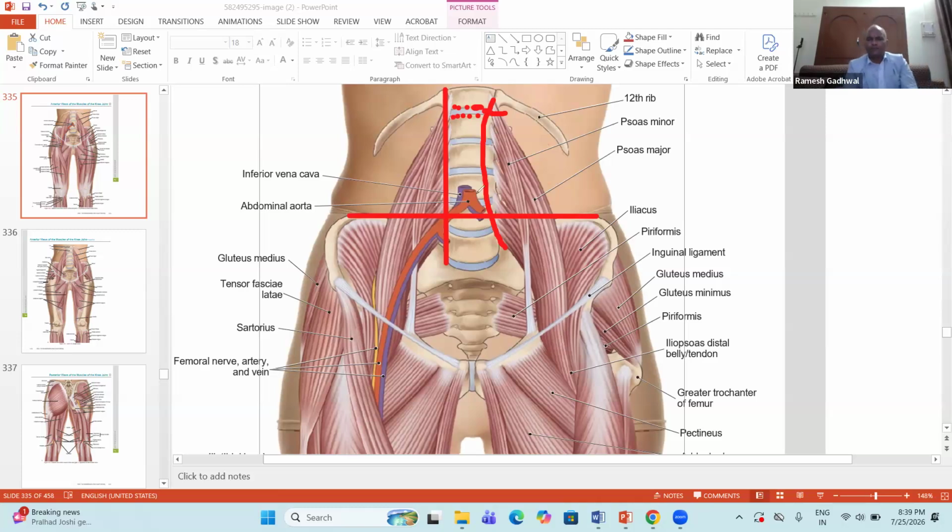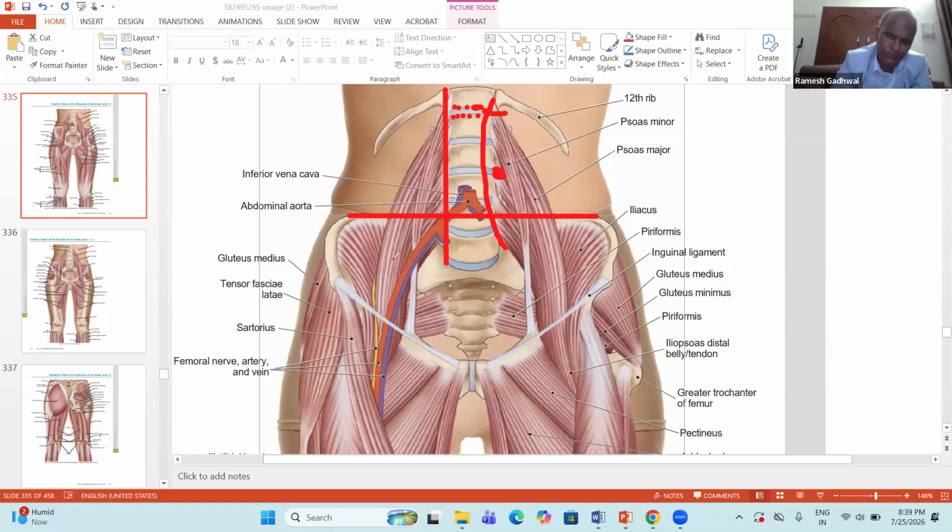Then prolapse. So prolapse is nothing but when this bone is giving a pressure, then on another side it is bulged like this. Then it compresses the nerve.